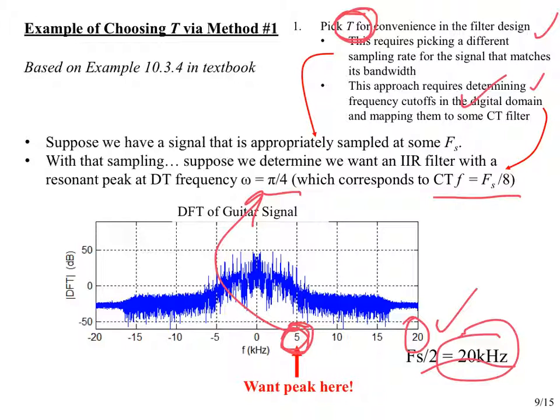I know it sounds crazy, but that's how we're going to do it. So we're going to take our desired 5 kilohertz and our actual sampling rate, 20 kilohertz, and map it to pi over 4, which is where we want the resonant peak in the discrete time world. Okay, after we've designed this discrete time filter.